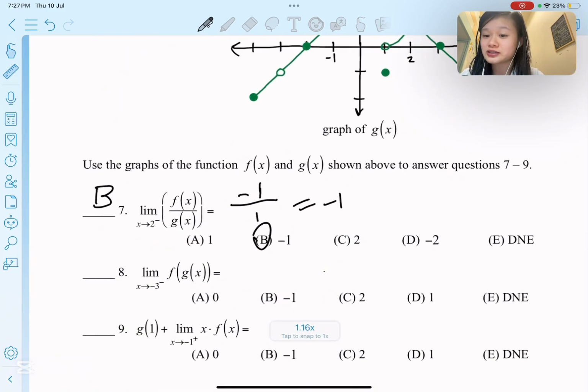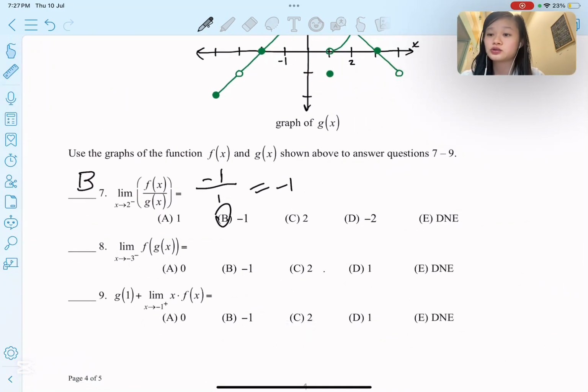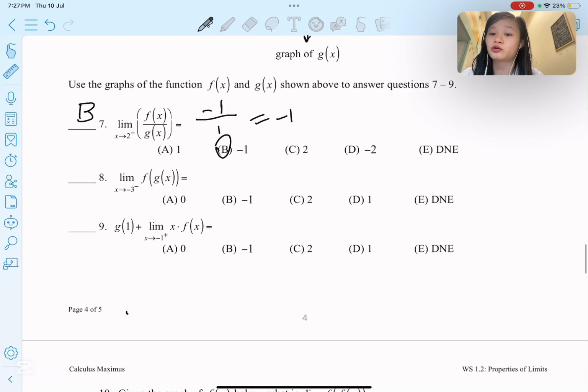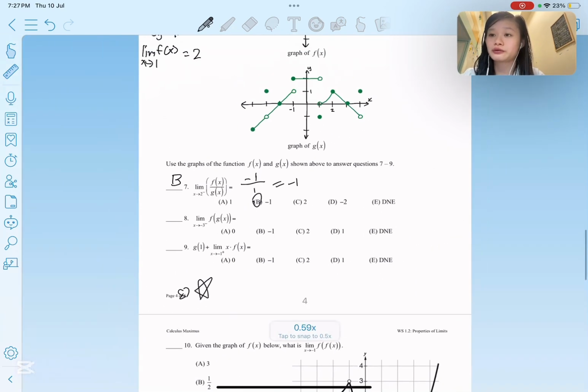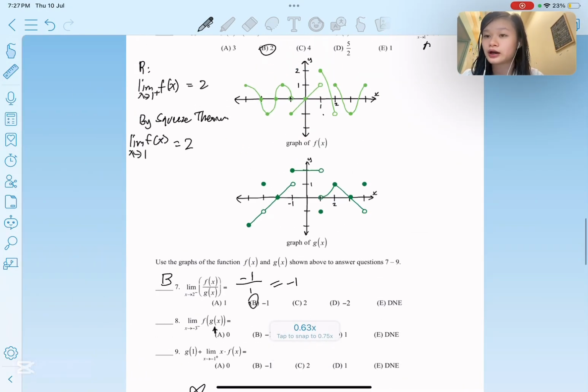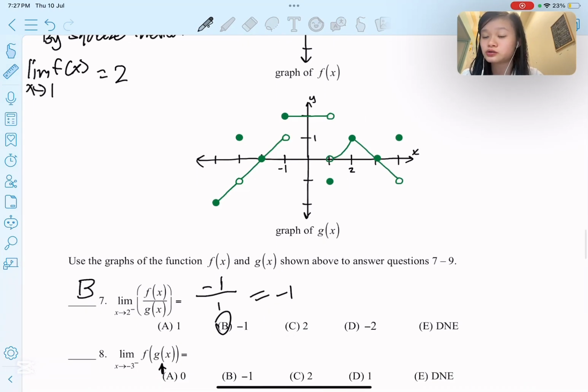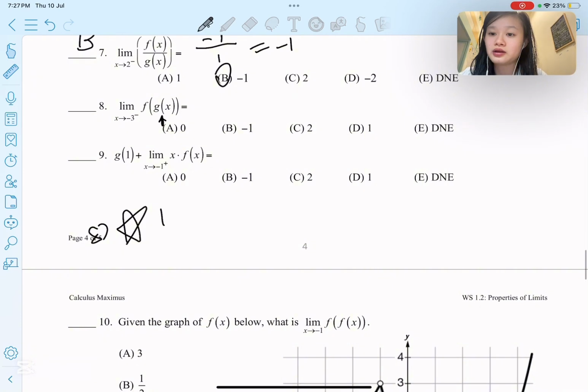Question 8. This is a function within a function. You can't just do that. You have to do another step, which is the very important part here for question 8: -3 from the left of g of x first, because it's higher priority. So g of x is here, -3 from the left, you have -1. So you get limit as x approaches -3 from the left of g of x is equal to -1.